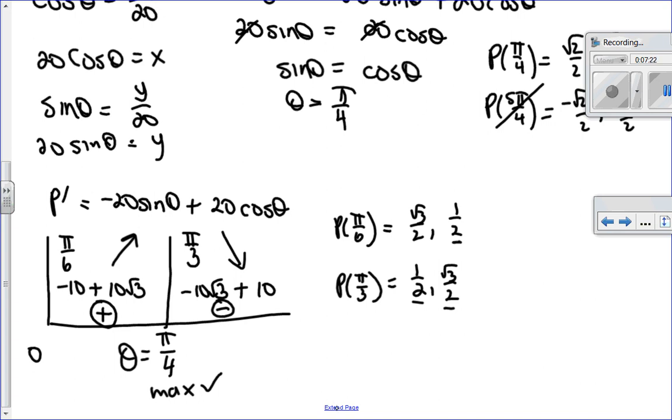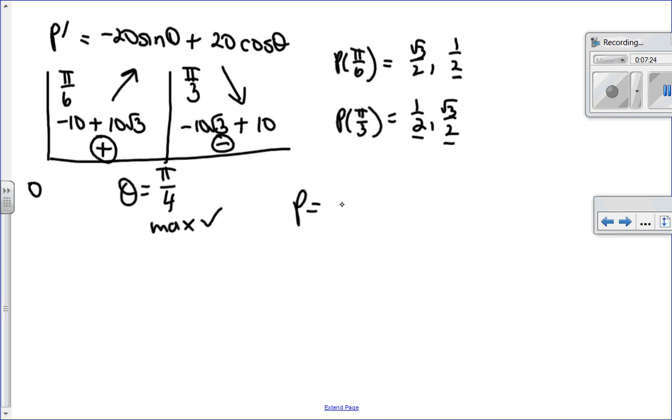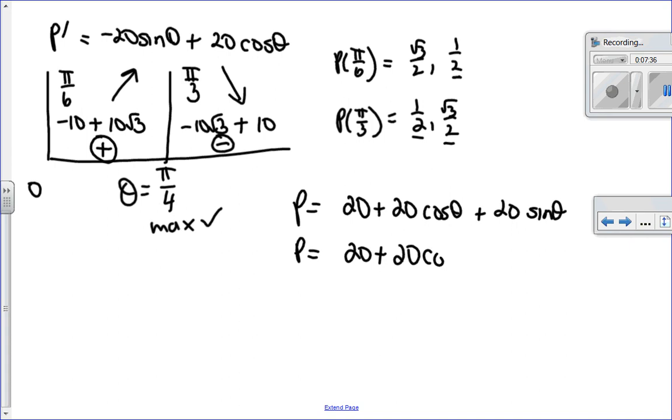So you'll remember my equation for perimeter. It was 20 plus 20 cos theta plus 20 sine theta. So let's just plug in what theta is to figure out what our maximum perimeter is. Cos of pi over 4 plus 20 times sine of pi over 4.